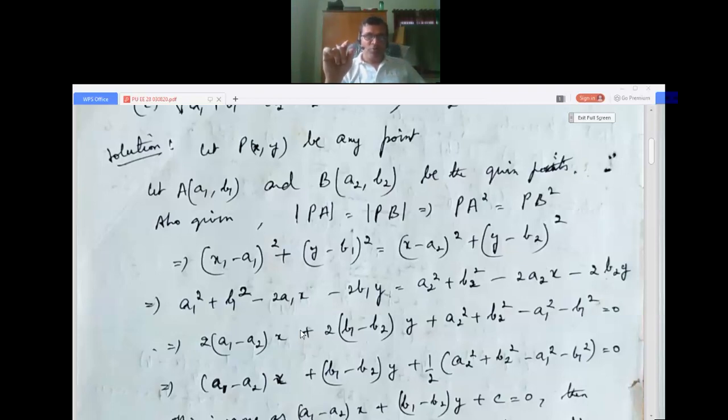Squaring both sides, absolute value of PA equals absolute value of PB, which implies PA squared equals PB squared.